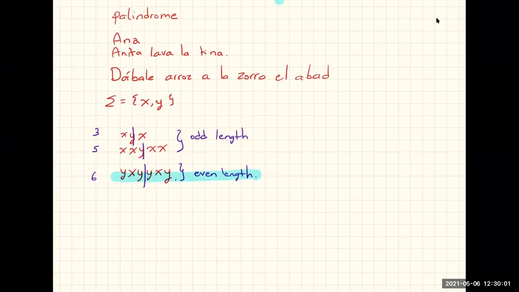You can try it in your notebook if you want. I'll give you 1 minute so that you can try to build a pushdown automaton that can recognize palindromes.